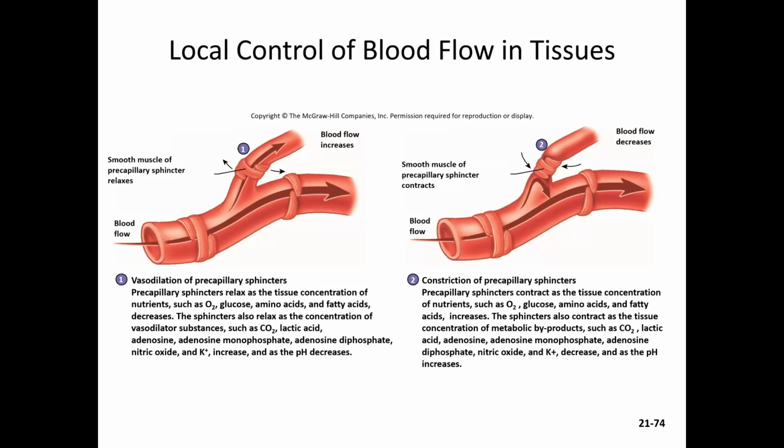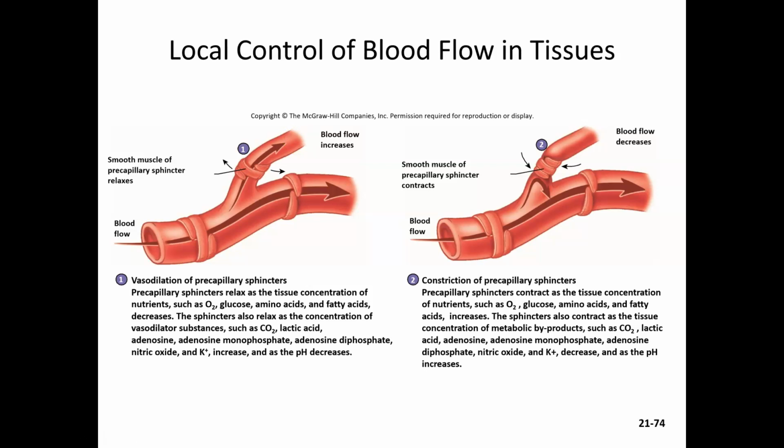So when we have local control, we are going to call upon our precapillary sphincters to assist us. When we start to see that our tissues around these capillaries have a lower concentration of nutrients, such as oxygen, glucose, amino acids, or fatty acids, then our precapillary sphincters are going to relax and allow the blood to flow through in order to get those nutrients back to the tissue.